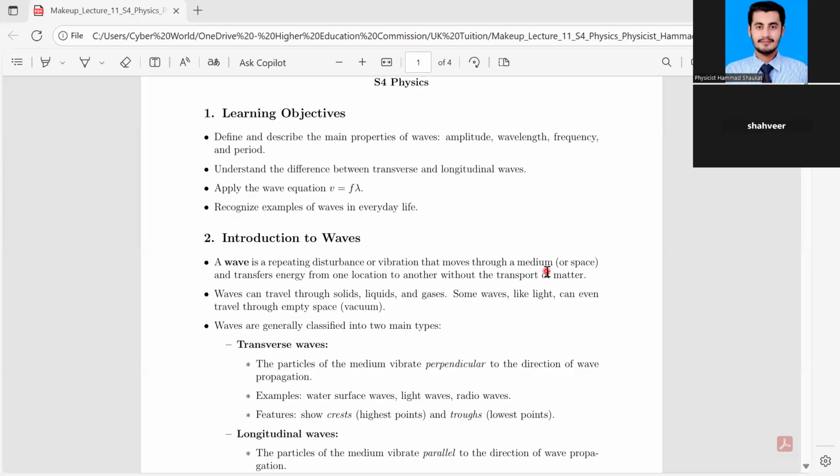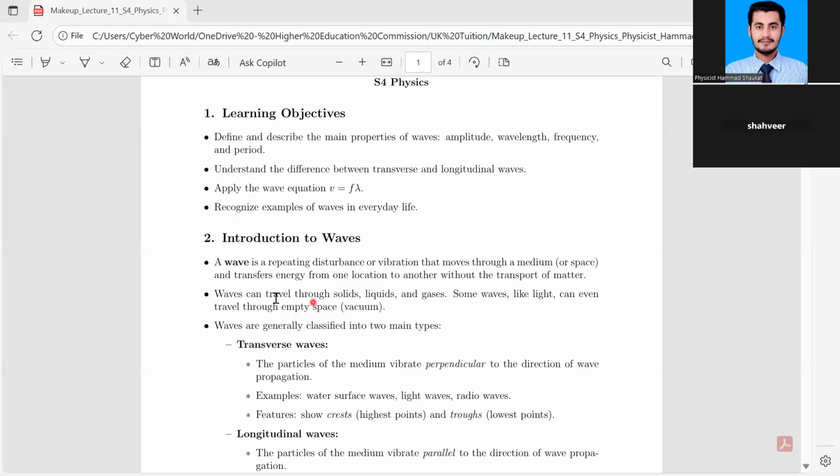And you know that air also consists of small particles. So if air consists of particles, it means air is a medium, right? If there is no air surrounding you, you are unable to hear anyone. This is due to waves, and the medium is the air.